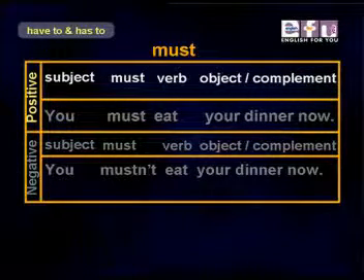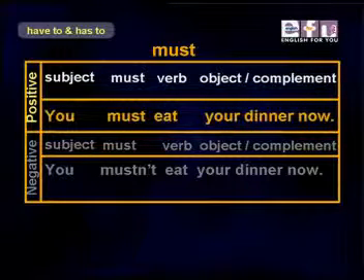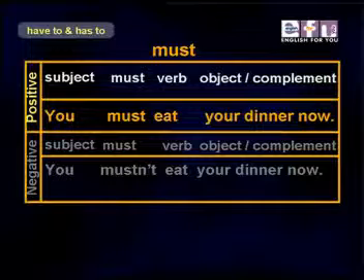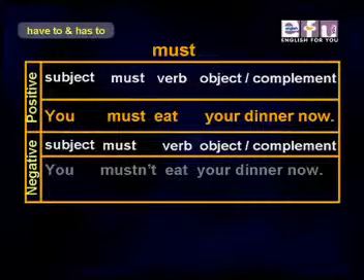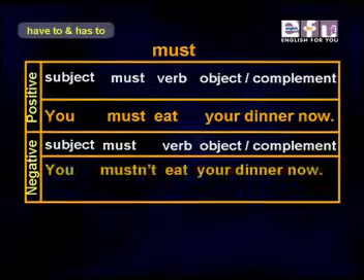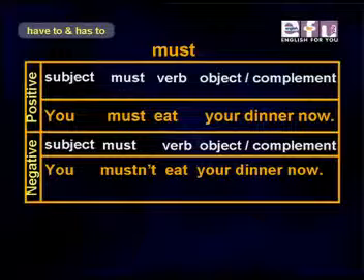First, let's look at must. In the positive form of must, we can say, you must eat your dinner now. So you can see in the positive, we start with the subject, then add must, then your verb, and then your object or complement. For the negative form, we can say, you mustn't eat your dinner now.